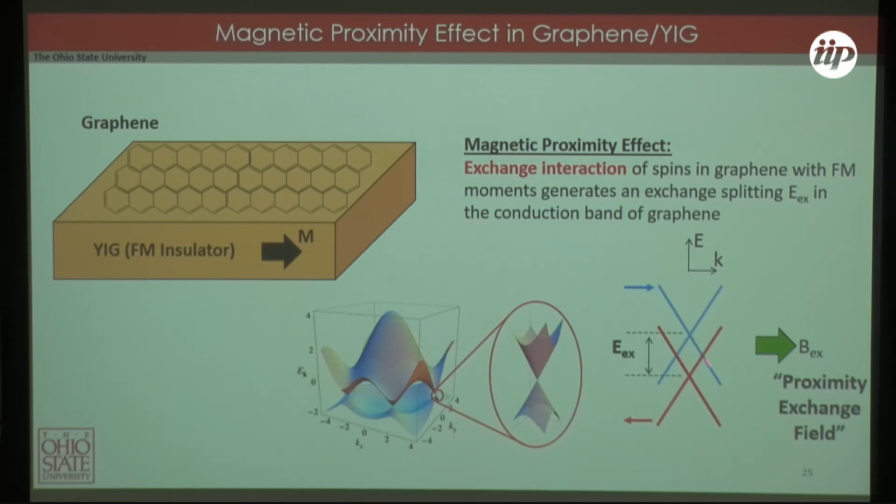If you look at this Dirac cone, and you have a proximity exchange field, in this case in plane since the magnetization is in plane, it'll create a splitting of the 2 Dirac cones. One will be for spin along the magnetization, and the other for spin opposite the magnetization, and you can convert that splitting to an equivalent magnetic field. It could be 10 Tesla, 100 Tesla, 1 Tesla, 0.1 Tesla, who knows?